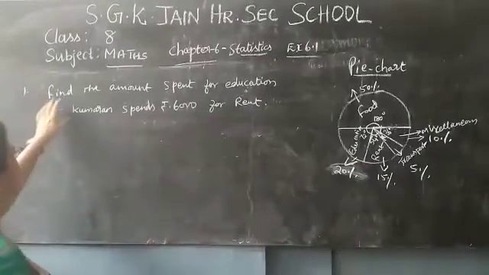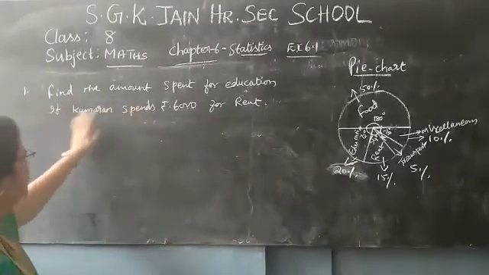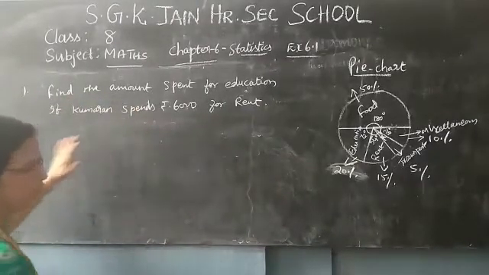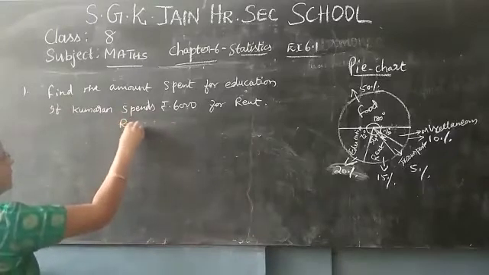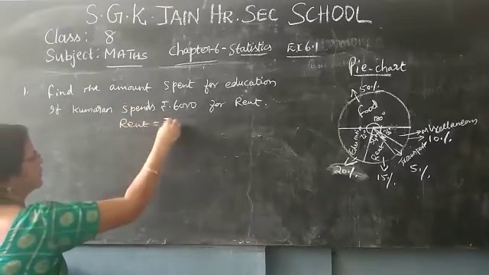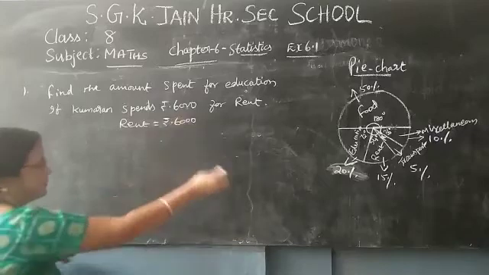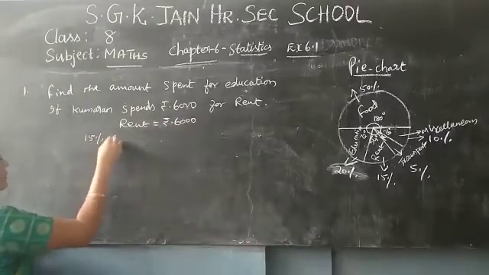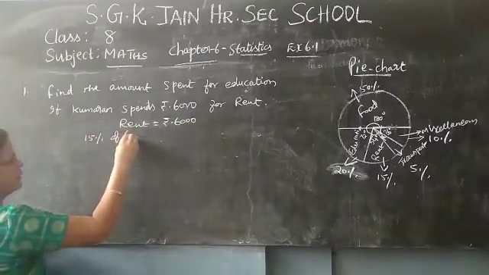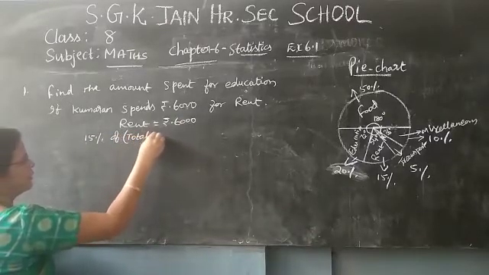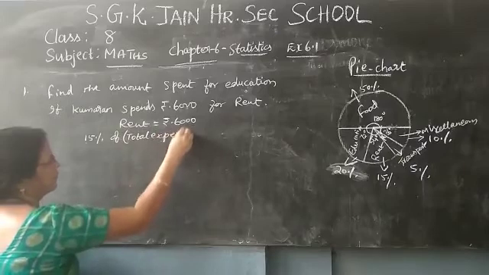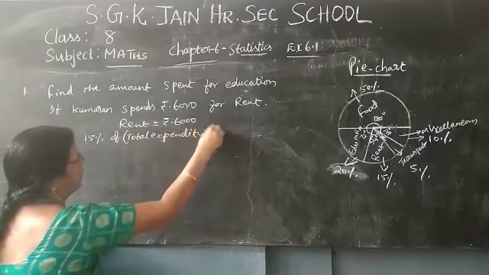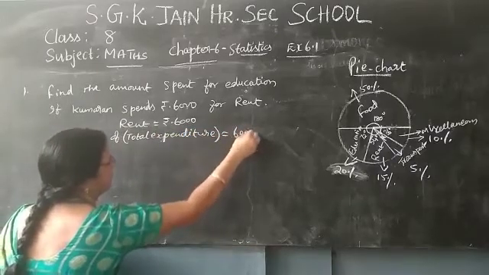See, for the first question, find the amount spent for education if Kumaran spent rupees 6,000 for rent. How much is given? Rent equal to rupees 6,000. Okay, how much is given the percentage? 15%. So 15% of total expenditure equal to 6,000.